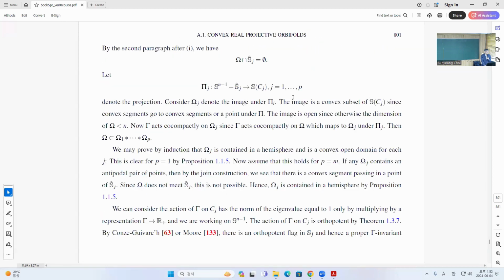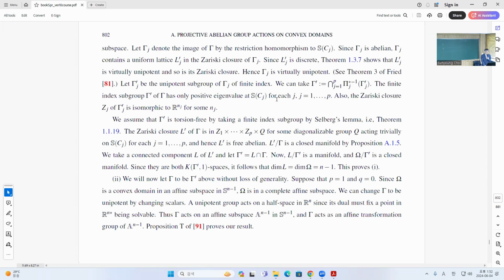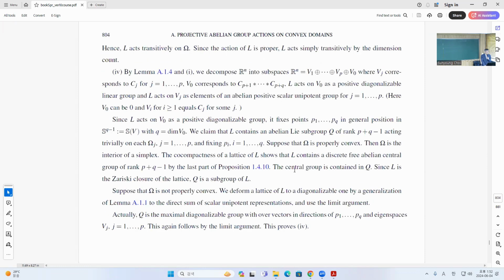So 4 is just again some argument about the existence of a central diagonal group. And these are just facts, because these are access some diagonal group in P0. So there you can obtain it from the Benoist theory, but if it's not properly convex, then you use a limit argument.